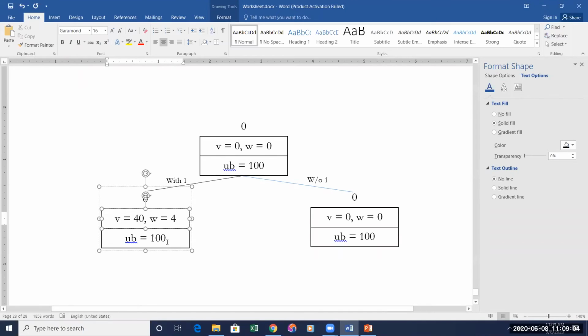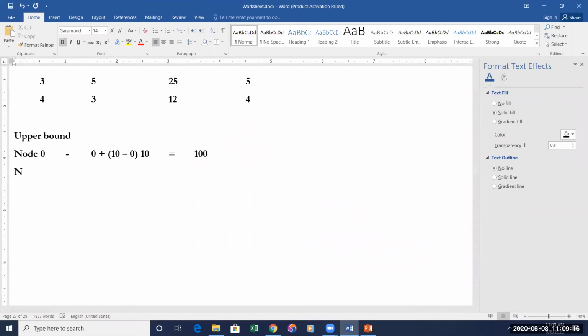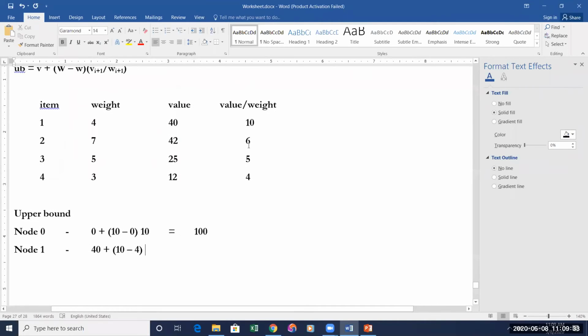Now what is the upper bound for this? We have to calculate. Value is 40, weight is 4. This is node number 1. What is value? Value is 40. V plus W, W is 10, minus small w is 4, into the value by weight of the next item.